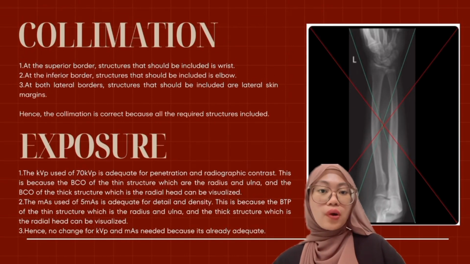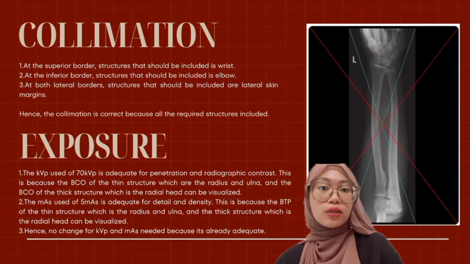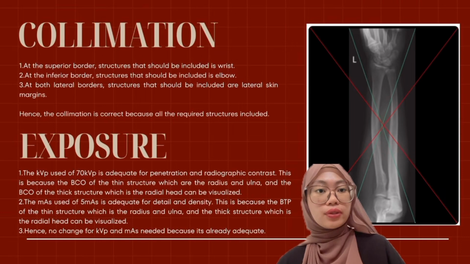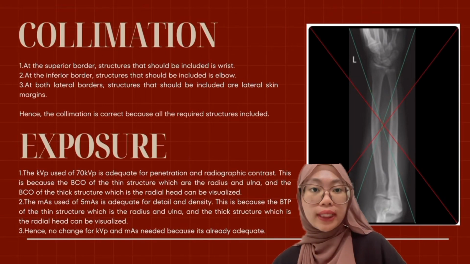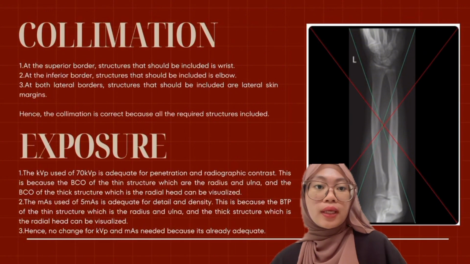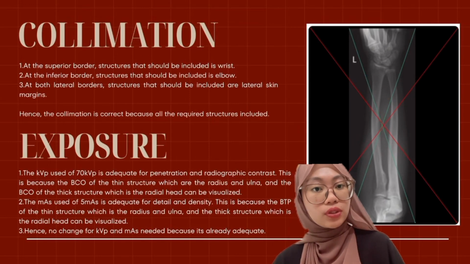First of all, the use of 70 kilovoltage power is adequate for the penetration and radiographic contrast. This is because the bony cortical outline of the thin structures, which are the radius and ulna, and the bony cortical outline of the thick structure, which is the radial head, can be visualized.